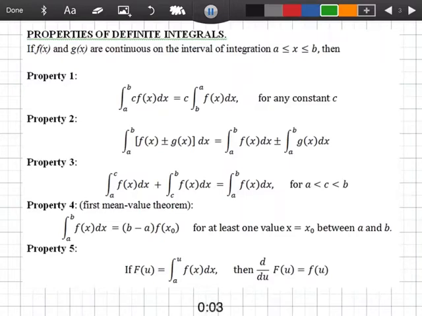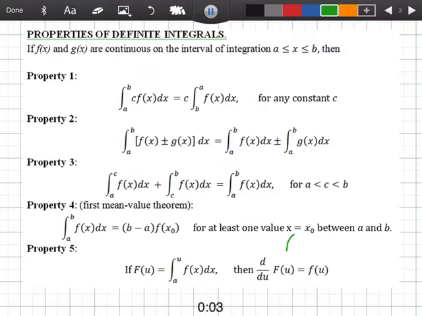The second function has lower limit c and upper limit b. Since that is the case, we can convert the sum of the first and second functions into one function with lower limit a and upper limit b, provided that c is in between a and b.